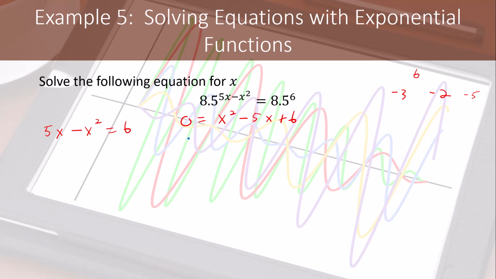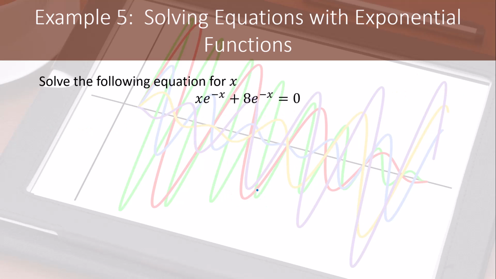That means we would have that 0 is equal to x minus 3 times x minus 2. There are two solutions: x is equal to 3 and x is equal to 2. The way you would enter that in the courseware is basically 3, 2. That should be all you need to put in.